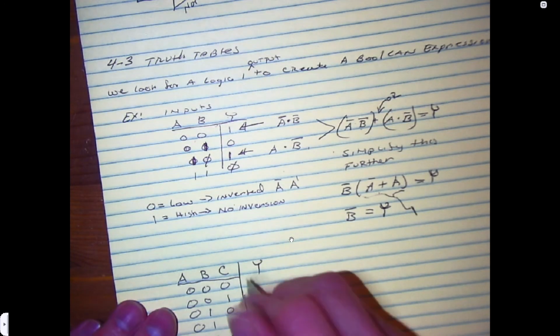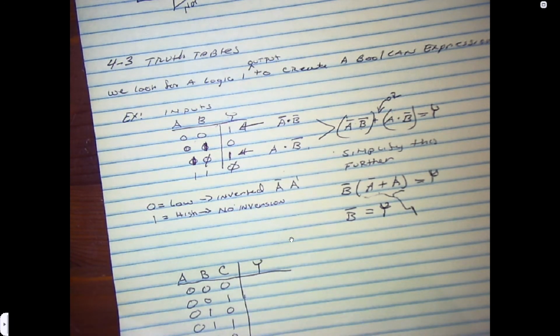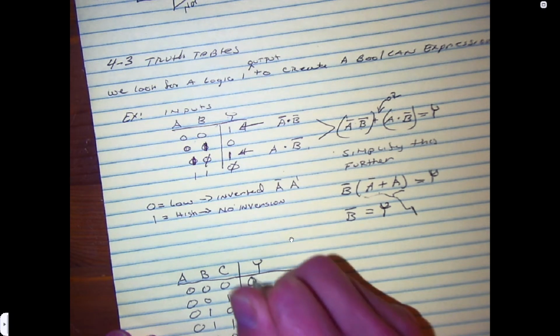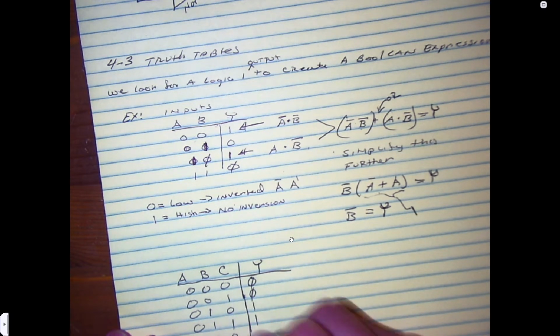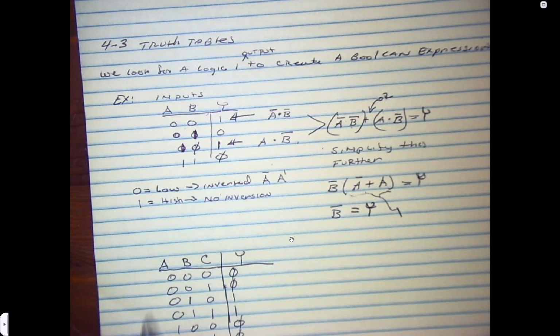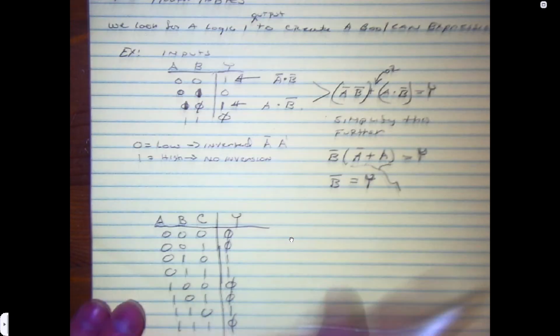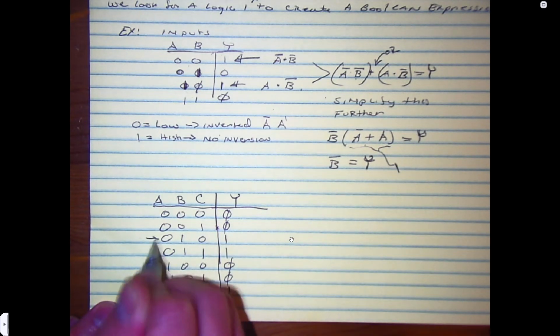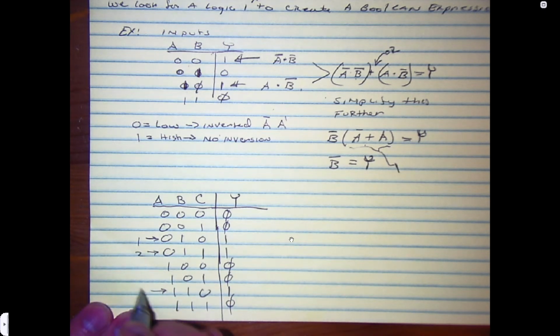Let's say on my output I got some sort of digital logic going on here, and let's say that this is 0, that's 0, that's a 1, that's a 1, that's a 0, that's a 0, and let's do 3 of them 1, and then a 0. So we have 3 1s right here. We have identified 3 1s. There's my first one, here's my second one, and here's my third one.